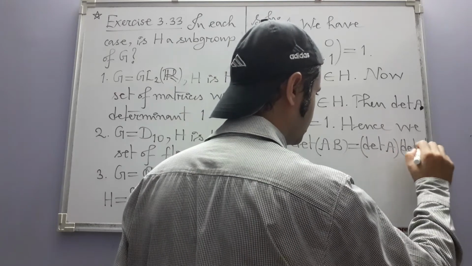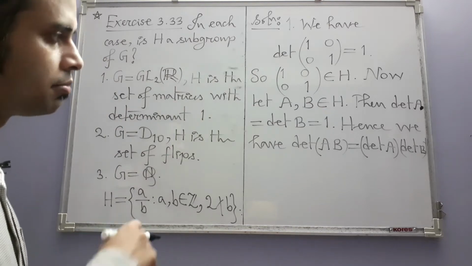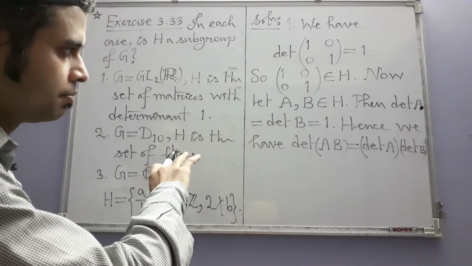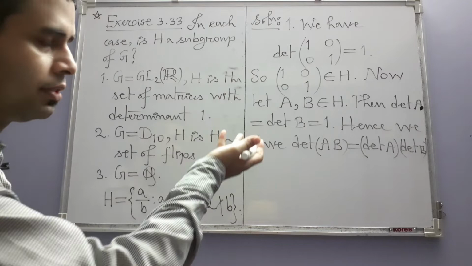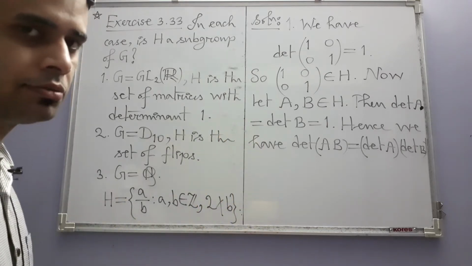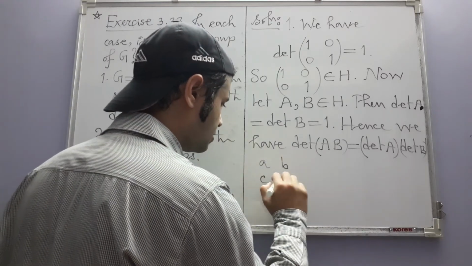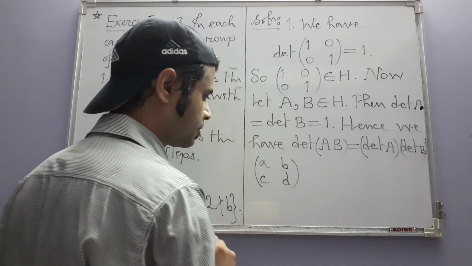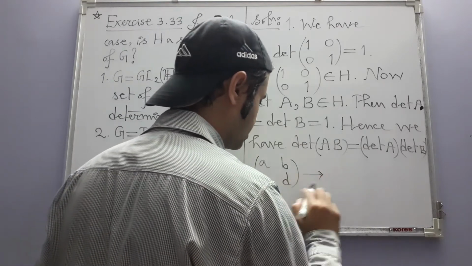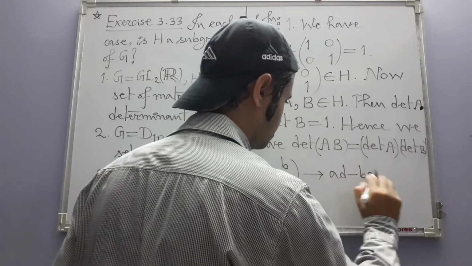If someone is not so sure about this property, that is because we are having here only 2 by 2 matrices, so determinants have a very simple formula. If your matrix is A, B, C, D, then its determinant is just this real number, AD minus BC.